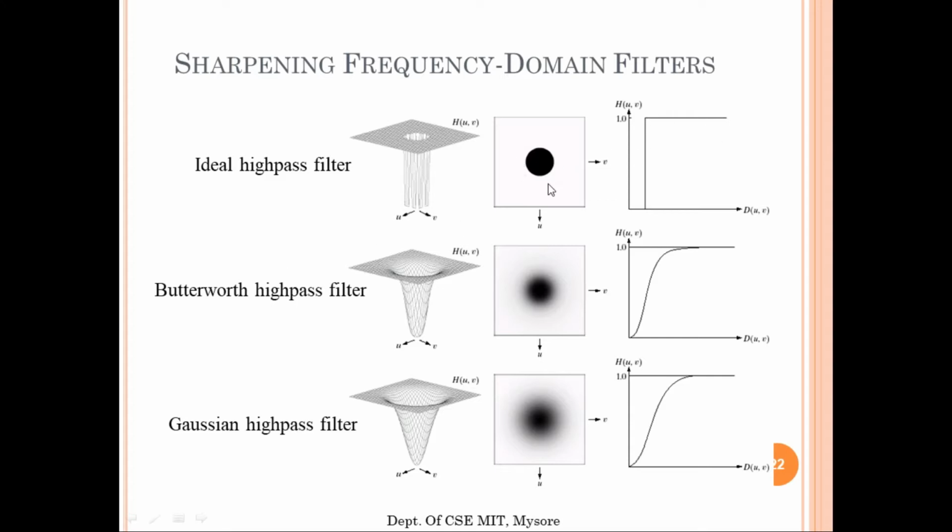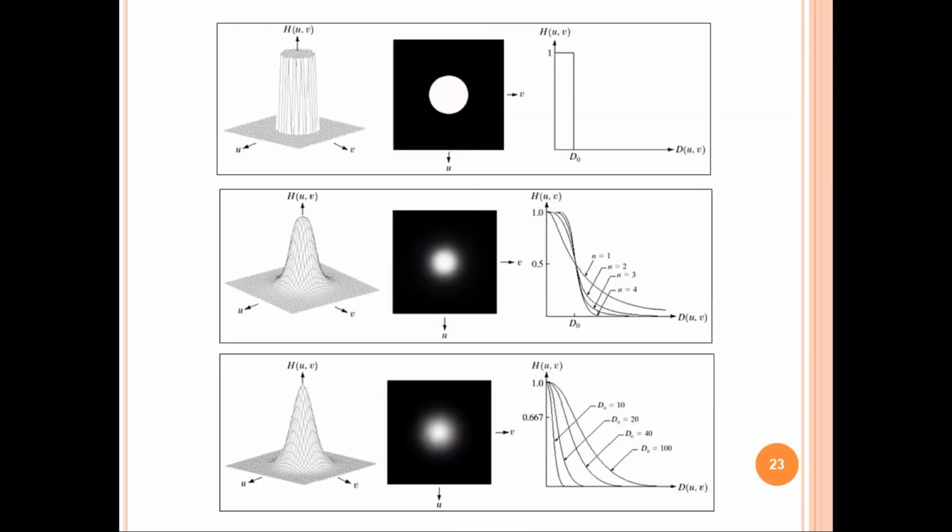Here there is a fixed cutoff of 0 and 1, but in the Butterworth high pass filter and Gaussian high pass filter, the center pixel starts with black and slowly changes to white. The Butterworth high pass filter depends upon the order n. Here you can see the ideal low pass filter, Butterworth low pass filter, and Gaussian low pass filter.